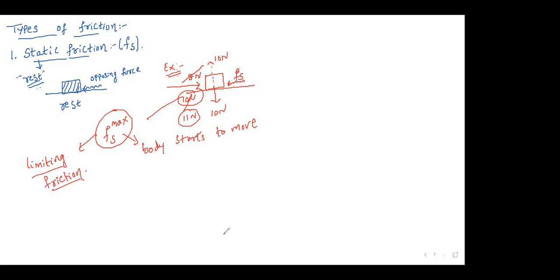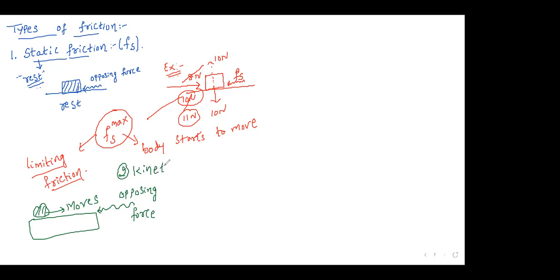Now, when the body is in motion, the body is moving on the surface. When the body starts moving, still there is an opposing force. This type of opposing force is called kinetic friction.